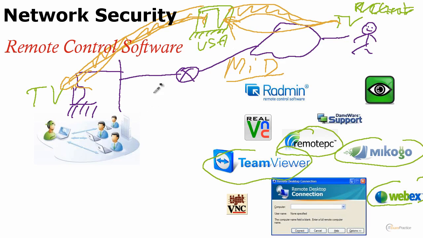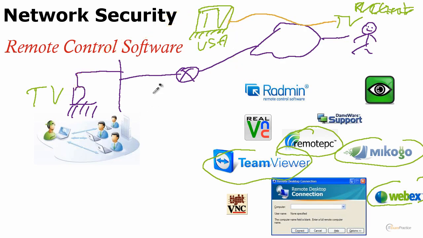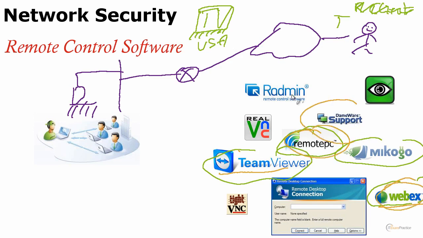That's why a lot of companies are not happy to use that. Well, of course, TeamViewer, WebEx, that's from Cisco by the way, Remote PC and all these applications, the vendors will say, well, we'll never touch your traffic, we'll never do anything, and it's encrypted anyway. Still, you're going through a server that you're not in control of, right? And a lot of companies will not allow you to do that, unfortunately.